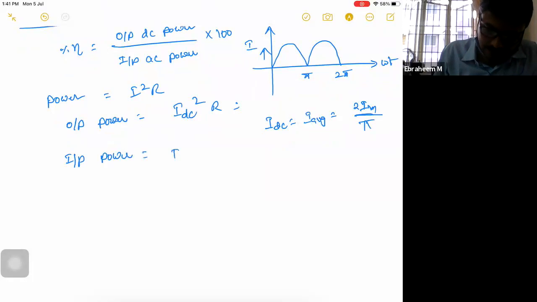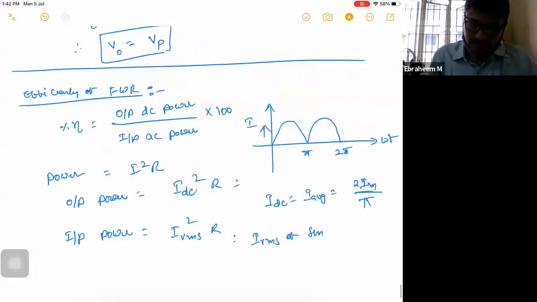And input power, it is AC, so it is IRMS square into R. What is the input waveform?